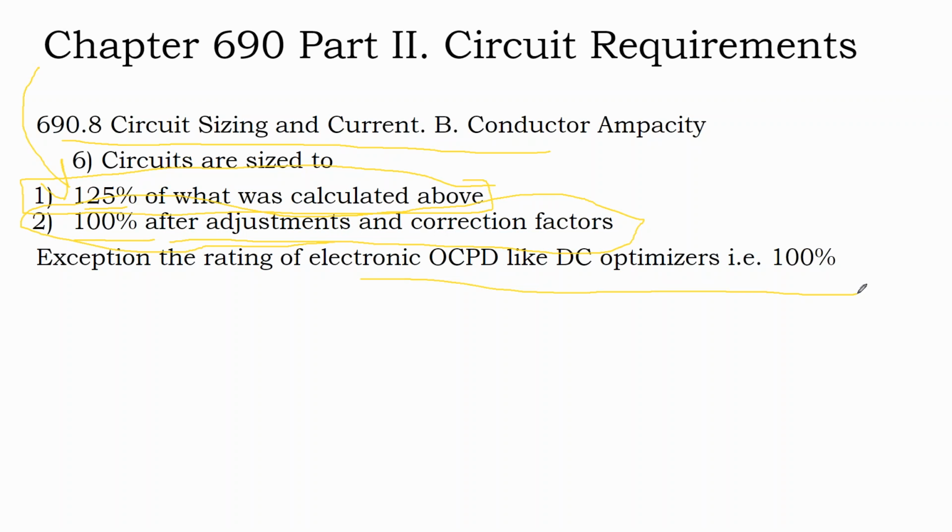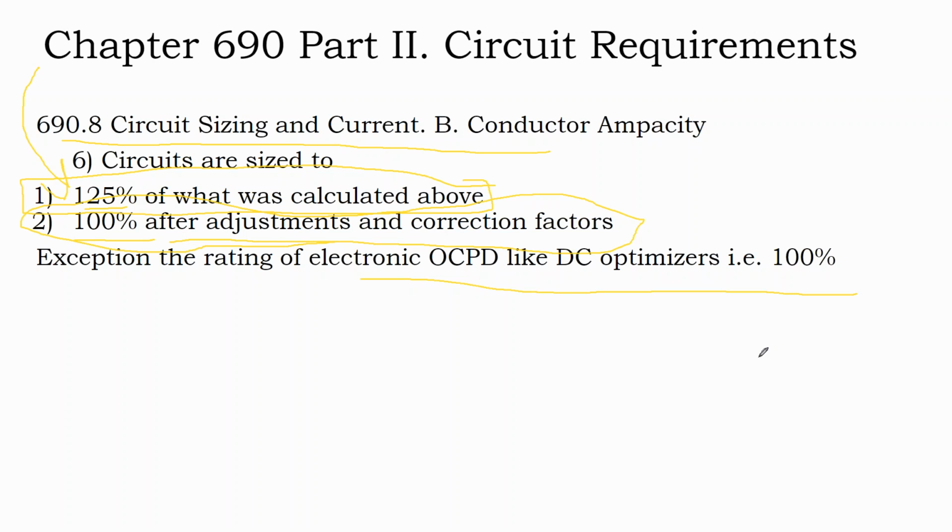And then it gives you an exception which says, okay, well, if you're using inline controllers, inline optimizers that are actively adjusting the voltage and amperage and have listed safety features to fail in a way that doesn't cause the system to exceed its requirements, then you don't have to have that additional 25% oversizing.